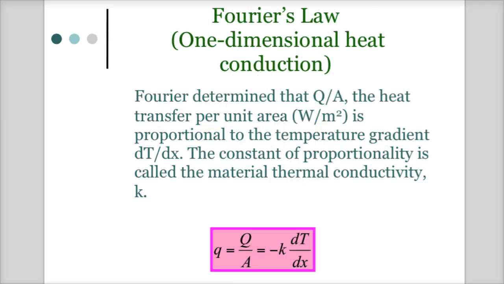Alright, now let's look at Fourier's law, and this is for 1-dimensional heat conduction. It states that Q over A, which is the heat transfer per unit area, is proportional to the temperature gradient dT over dx.